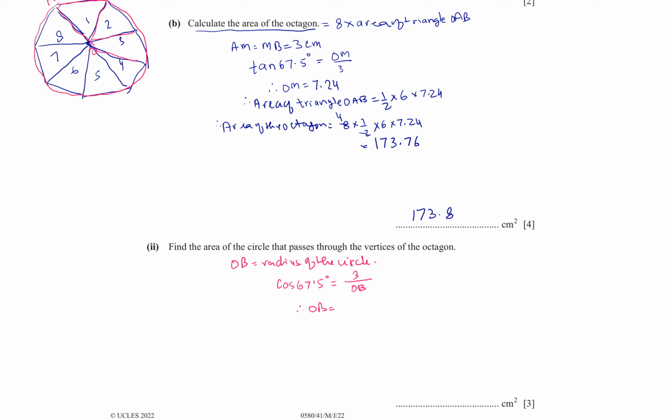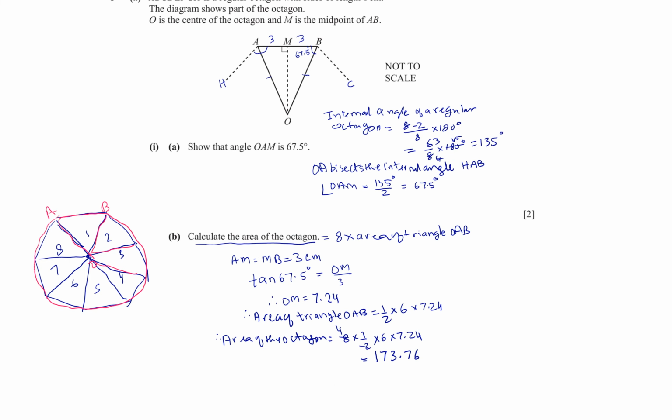So 3 divided by cos 67.5 is 7.83, and so on. So if I say 7.8 centimeters, we are in centimeters, that 7.8 is OB.